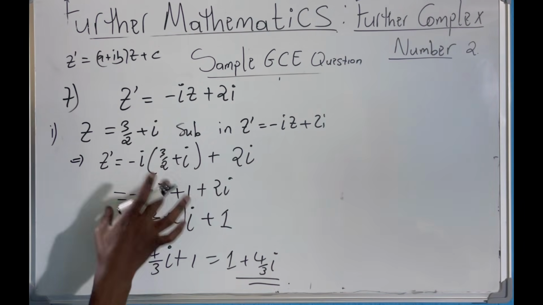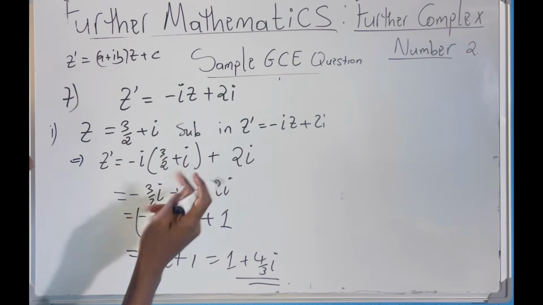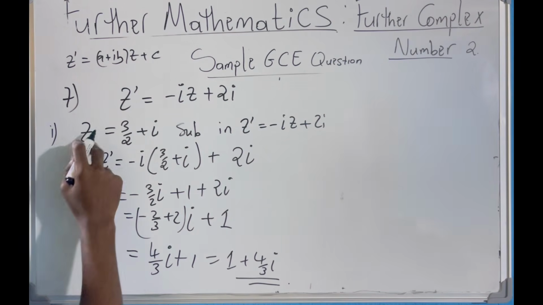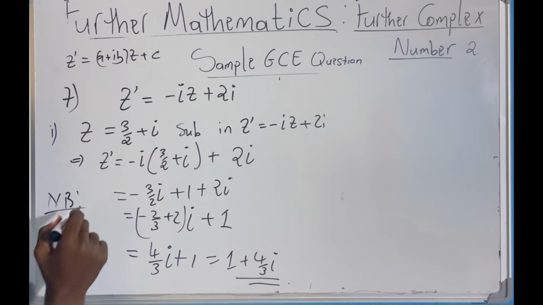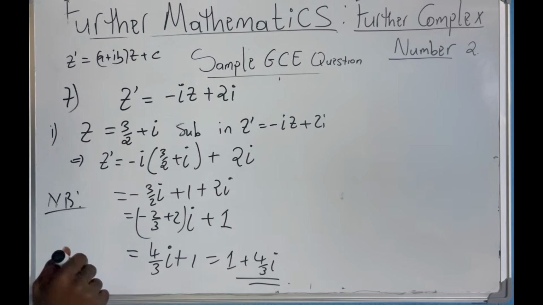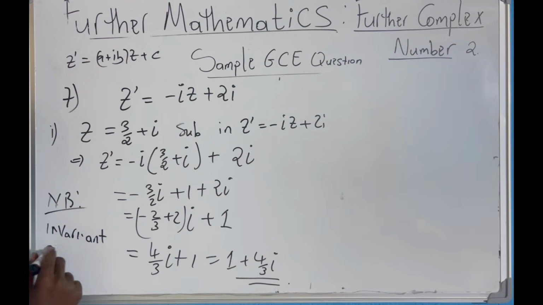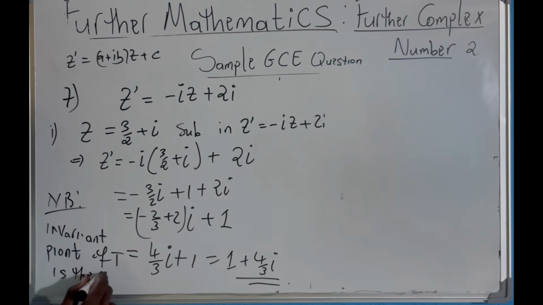Now if it happens that when we find the image it gives us back the same point, then that point or object is an invariant point. You should know that anytime you are finding the invariant point of a transformation, that point is the center of the transformation.